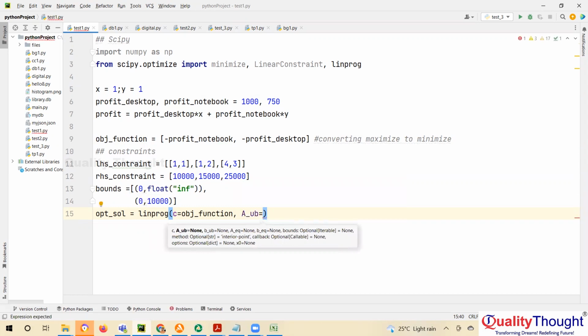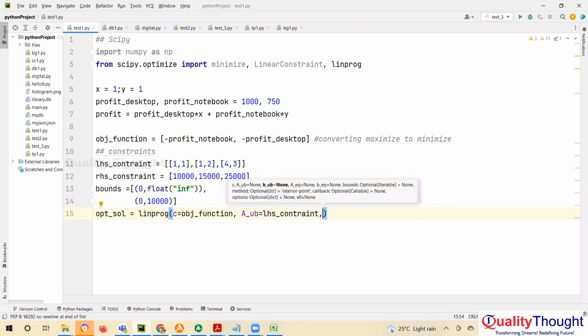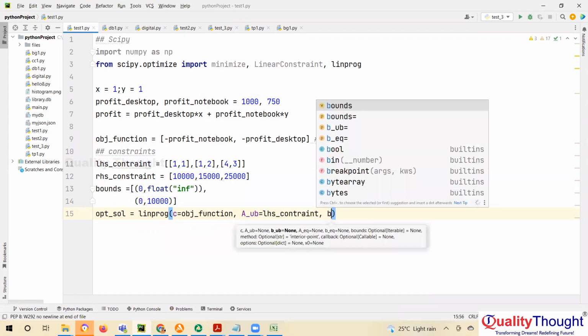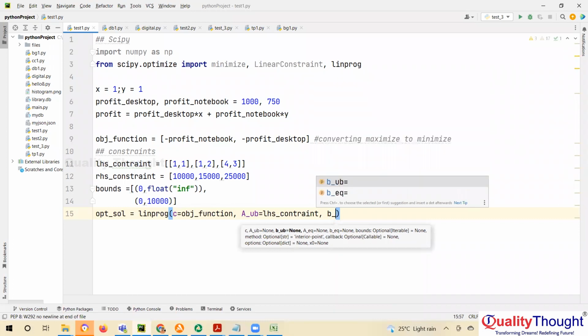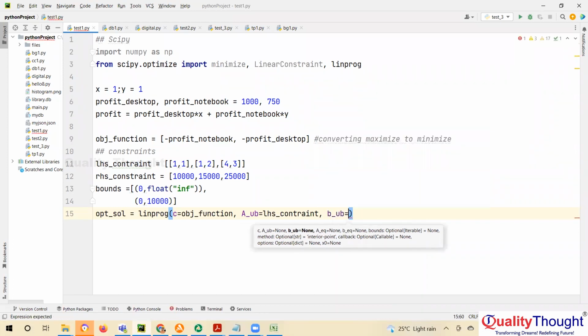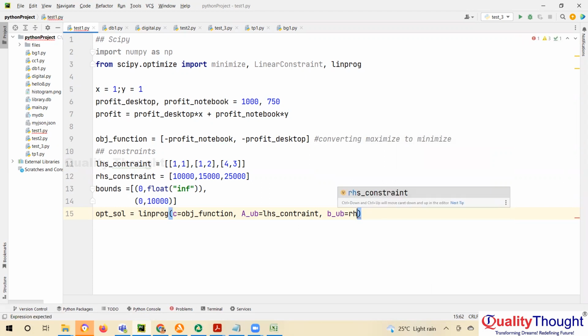So this is our left hand side constraint. Similarly, you have b. See, the b is in small, because the right hand side will have only single values, right? That's why it's b small, but b ub is for the right hand side constraint. So we have got the right hand side constraint.